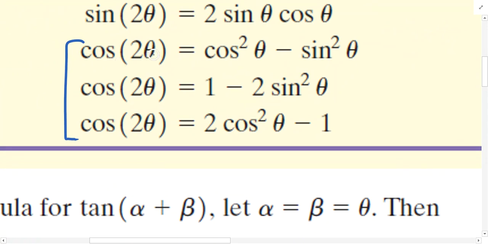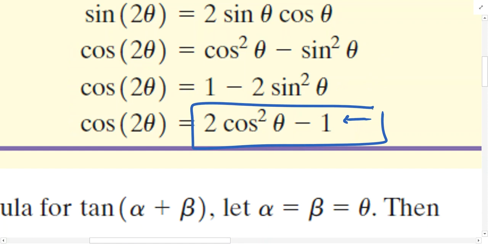Cosine of 2 theta, or 2x, depending on what variable you use, can be written in one of these 3 ways. Any of them are equivalent to cosine 2 theta, but the one that I want to try here is this one down at the bottom, because I've already got an equation that contains a cosine squared, so I'm going to rewrite cosine 2 theta in terms of cosine squared.